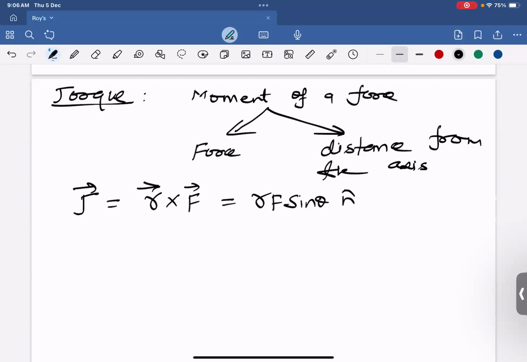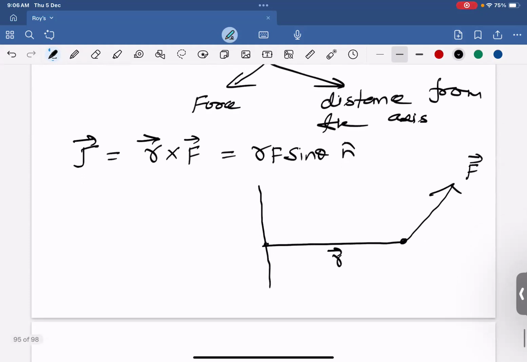For example, let's suppose this is the axis of rotation, and at some distance r, at a point here, you are applying force F. The angle between R and F, let's suppose I take as theta.